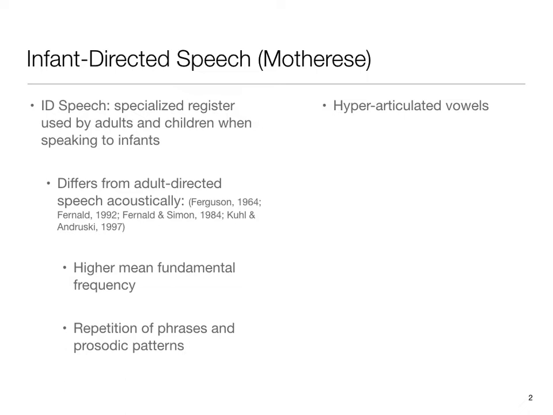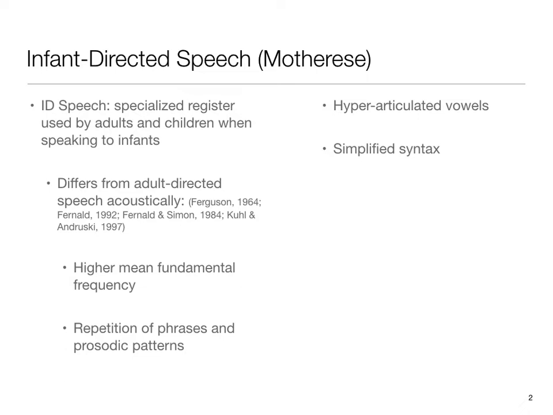So hyper-articulating vowels is just extending the vowel out, making it clearer for the infant to understand. And again, we're not doing this on purpose. We're not saying, better make sure that I hyper-articulate my vowels. That's not happening. Also, we see simplified syntax.